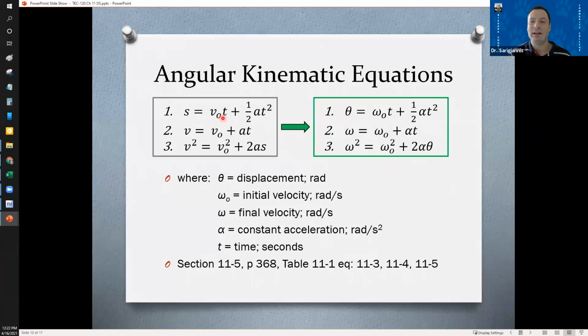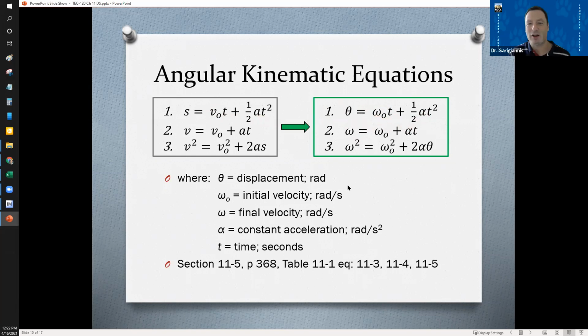V naught and t, obviously time is the same. Time doesn't matter. There's no angular component of time. But the initial velocity is now initial angular velocity. And acceleration, notice instead of an a, they use an alpha. This is angular acceleration, radians per second squared. Obviously, omega is in radians per second.